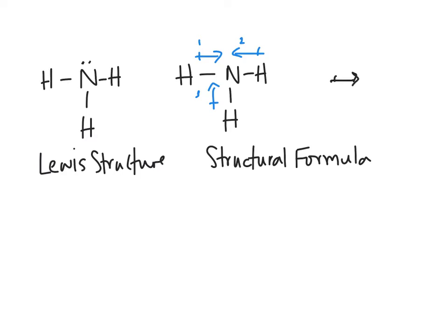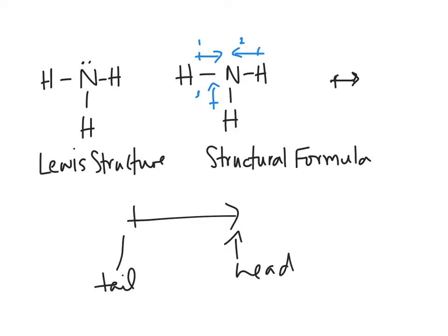Now, when you add a vector together, you add the tail of the second vector to the head of the first vector. So this is the head, this is the tail. So my second vector, I'll do it in a different color, goes back in the opposite direction.